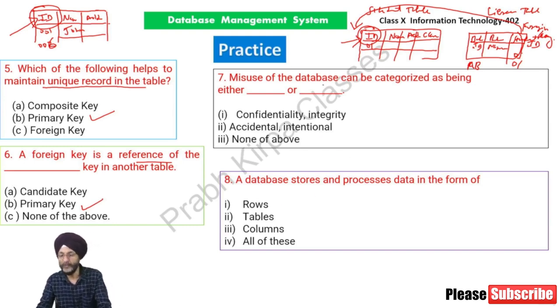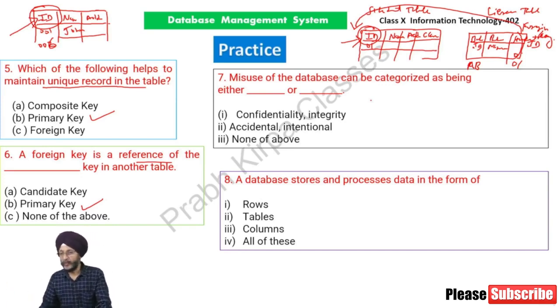Next, misuse of database can be categorized as confidentiality, integrity, accidental or intentional. It can also be understood with the help of an example. Suppose we have two sister concerns. We send the data of our suppliers to our sister concern through an email.